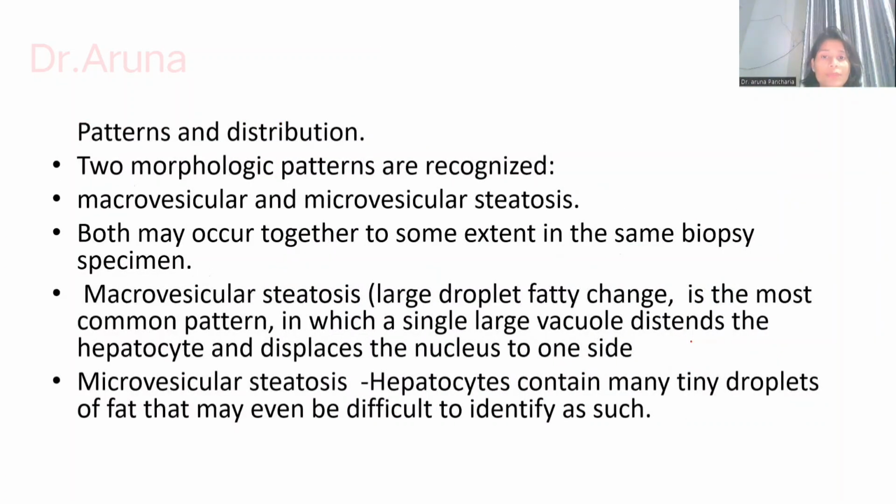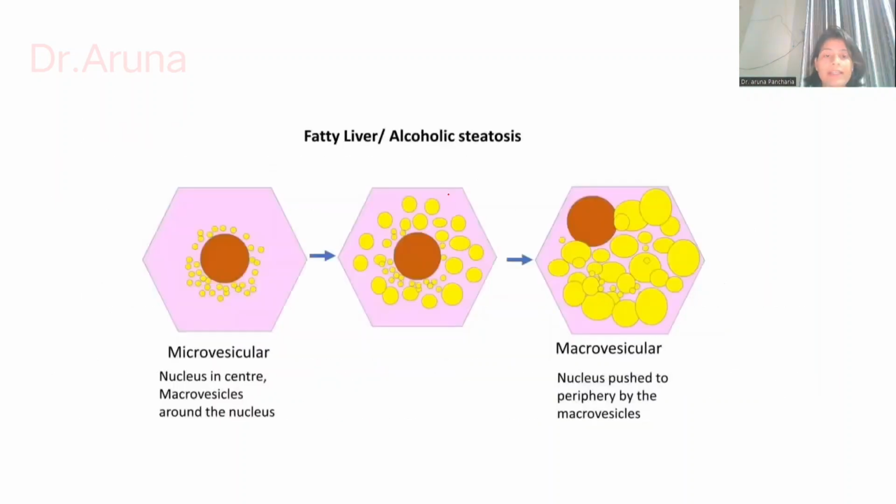Now, patterns of the distribution of fat in the hepatocytes can be macrovesicular or microvesicular. In this diagram, I'm showing you the microvesicular pattern, where the nucleus of the hepatocyte is in the center. Here again it is placed in the center, and all these are cytoplasmic vacuoles. This yellow part is representing the fat.